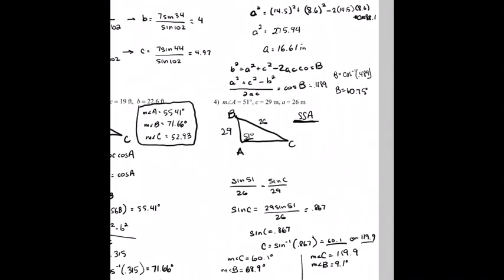Now we need to find the missing side length B. Let's go back over to this case here. This is going to be another law of sines. B over sine of angle B, which in this case is 68.9, equals A over sine A, which is sine 51.